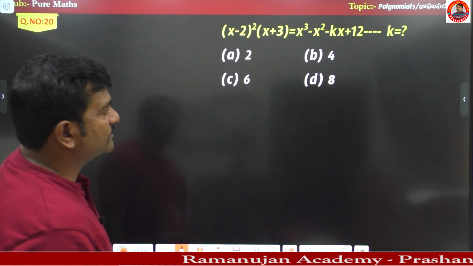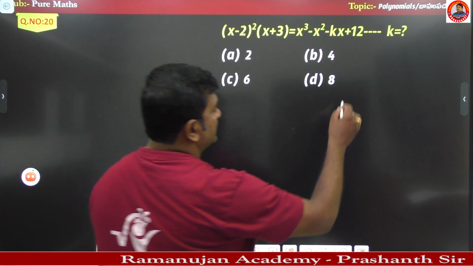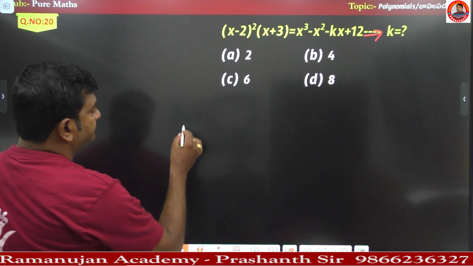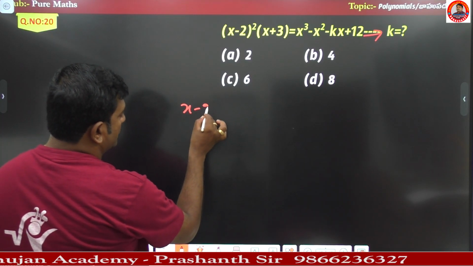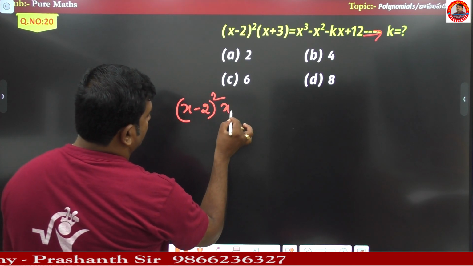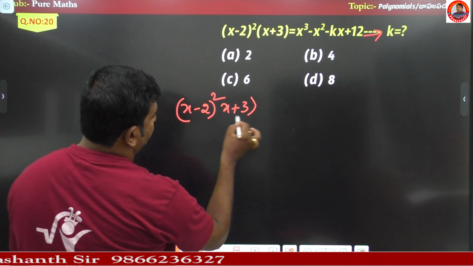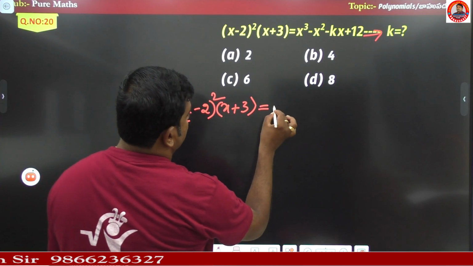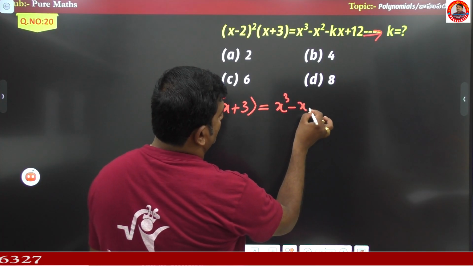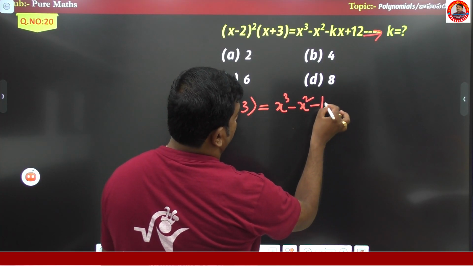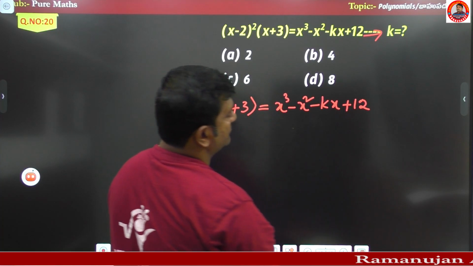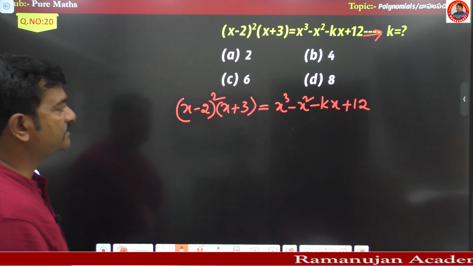Again it is the same as this, if possible. We are asked to find out that value. Don't confuse about the dots. x minus 2 whole square into x plus 3 is equal to x cube minus x square minus k times x plus 12.